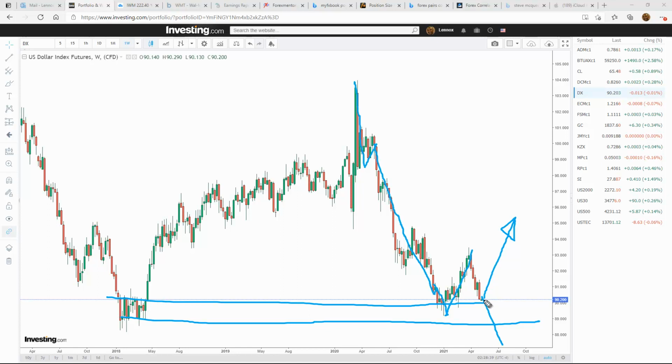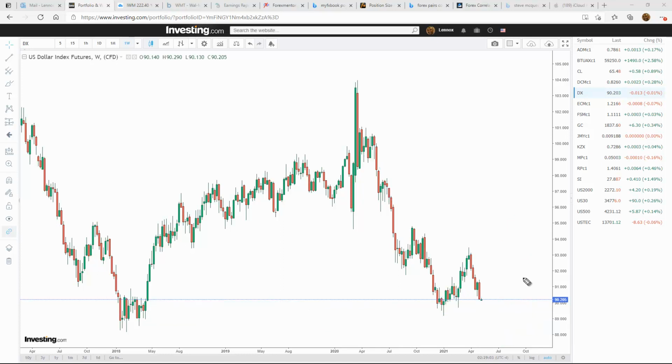Okay, so we could come to this level and then bounce, and that could be the beginning of a new move, or we could also come to this level and continue back down again. So there are a number of scenarios, and right now what we're concerned with is what's going to happen this week. So this is on the weekly chart, so we're basically just looking at one bar. Okay, so one bar looks like it's heading to the low end of this move.